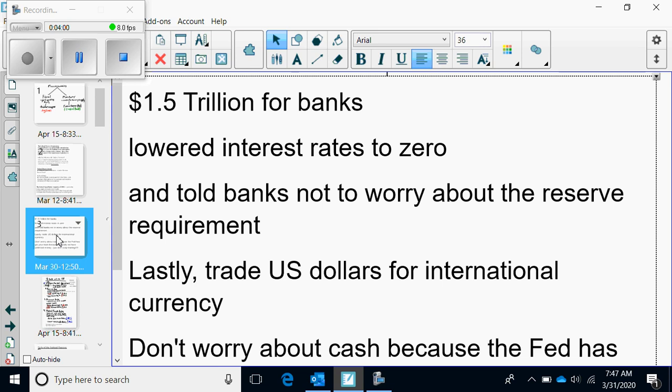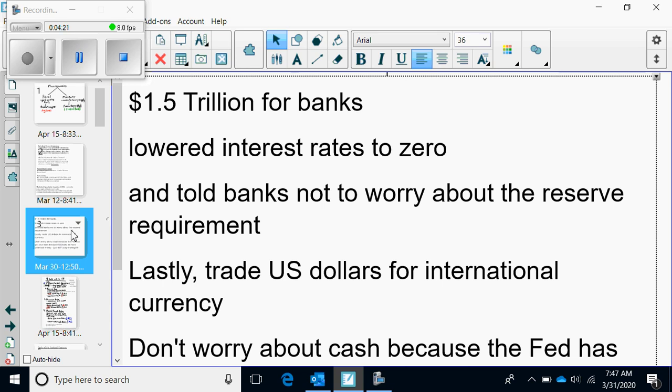They lowered interest rates to 0 and told banks not to worry about the reserve requirement at all. So you can ignore that, is what they said. And lastly, they traded U.S. dollars for international currency.